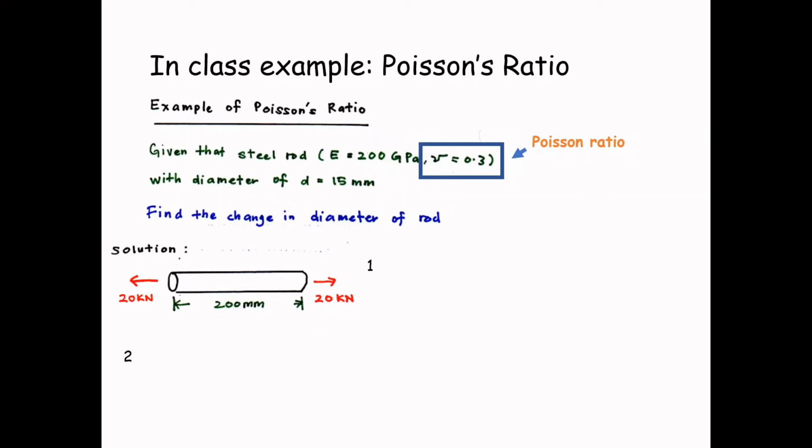Now I want to show you a calculation example of the Poisson ratio. In this question, we are given a steel rod having a modulus of elasticity equal to 200 gigapascal, a Poisson ratio equal to 0.3, and the diameter of the tension rod is 15 millimeter.